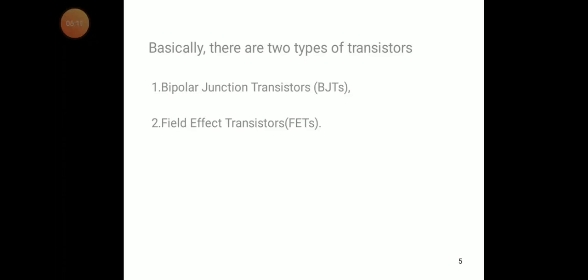Bipolar junction transistor means in the bipolar we use two types of charge carriers. The charge carriers are positive and negative, electrons and holes, free charge carriers. So in the BJT we use both minority charge carriers and majority charge carriers for conduction. That's why it is called bipolar.